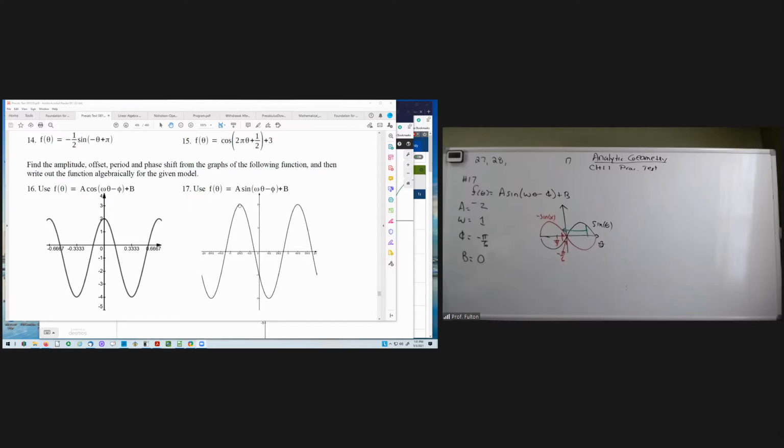So it's easiest to go from peak to peak or valley to valley. Like this one, I went from valley to valley, and that's one complete cycle or revolution. The lowest point here to the lowest point there is 2 pi. The highest point here to the highest point there is also 2 pi.